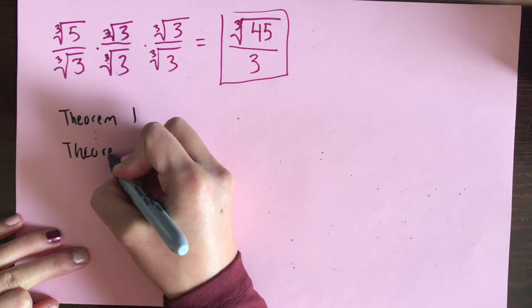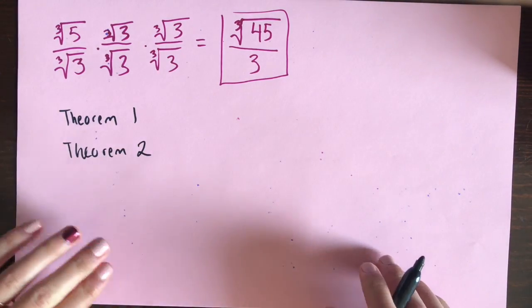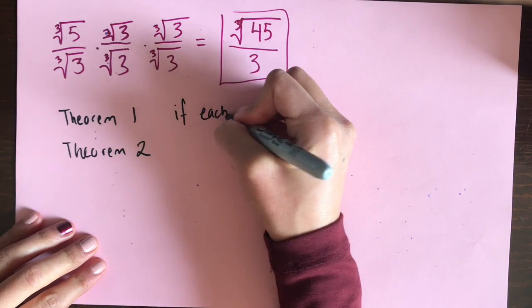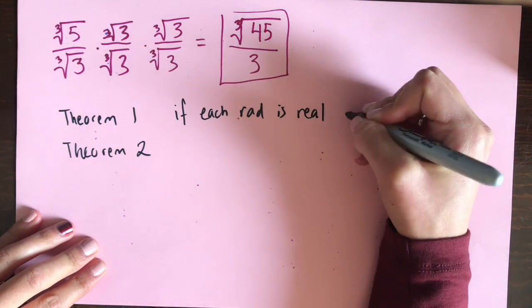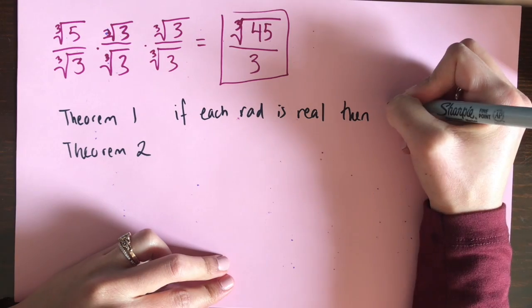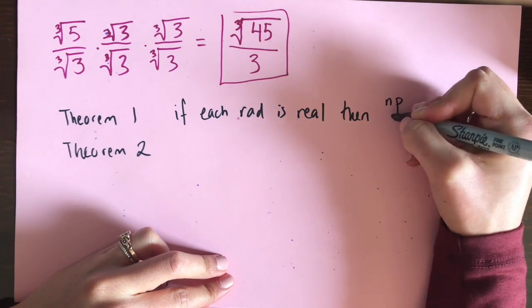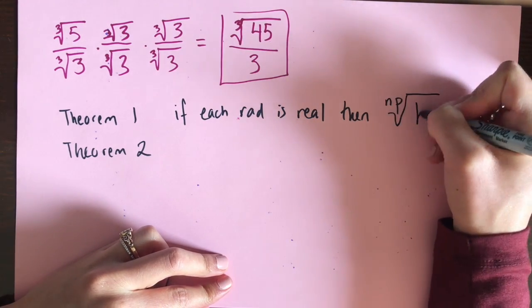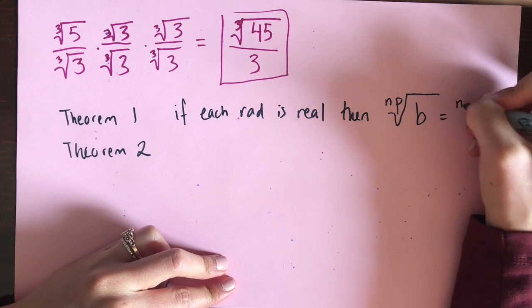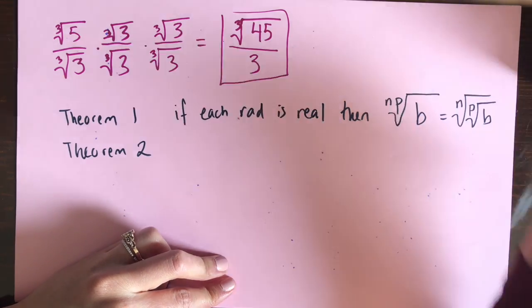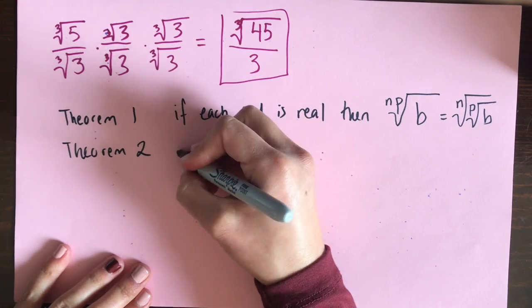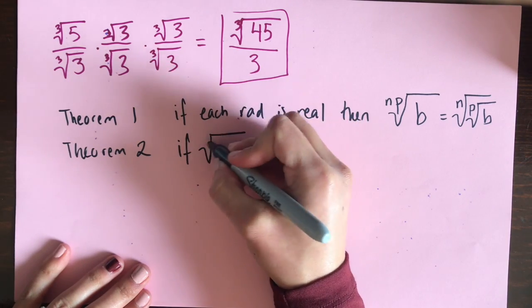We're going to talk about 2 theorems now, Theorem 1 and Theorem 2. Theorem 1 says that if each radical is real, then I have this rule, right? If I have a radical n of a over b, then I can split this up so it's like radical n of a over the radical n of b.